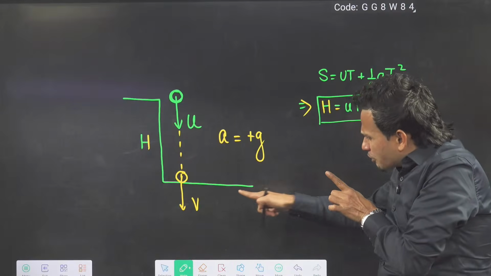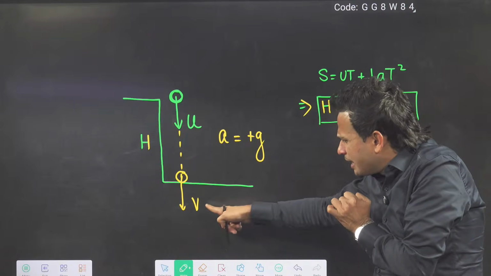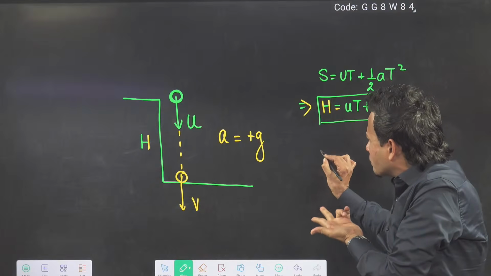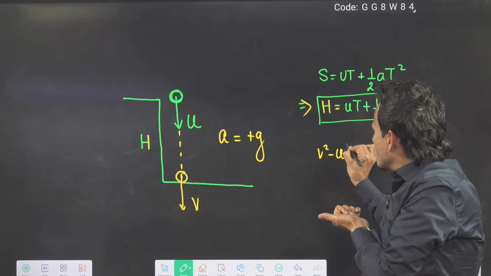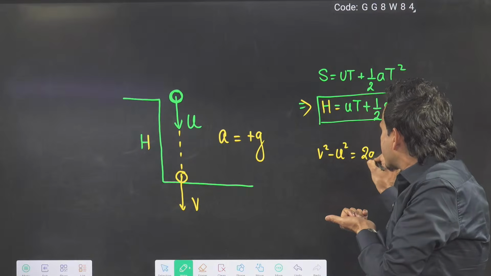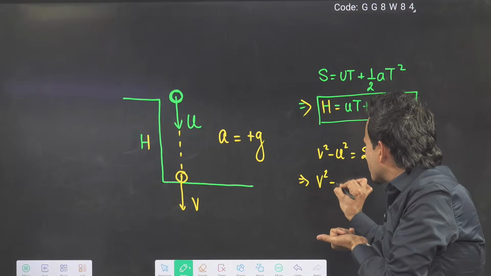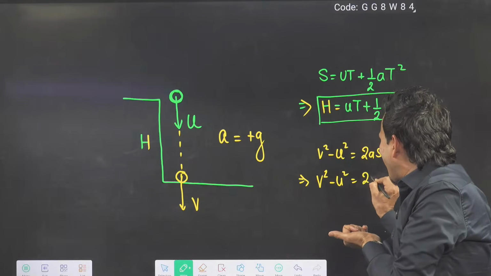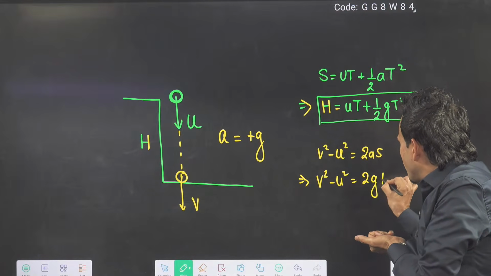Second question, they ask, find the final velocity when the ball hits the ground. You can find the final velocity using the third equation, v square minus u square equal to 2as. Now from here, v square minus u square will be equal to 2a s. When the ball lands on the ground, a will be g, s will be equal to h.